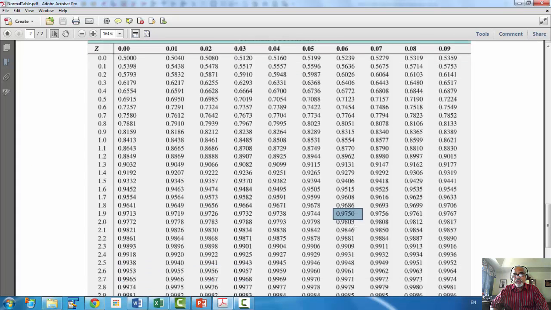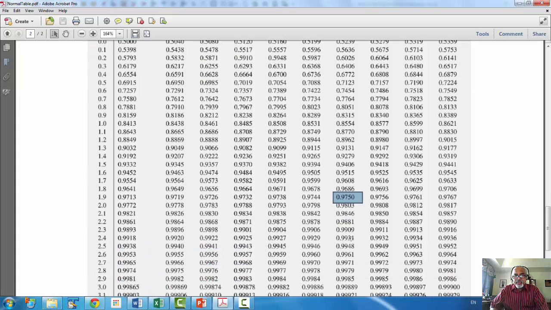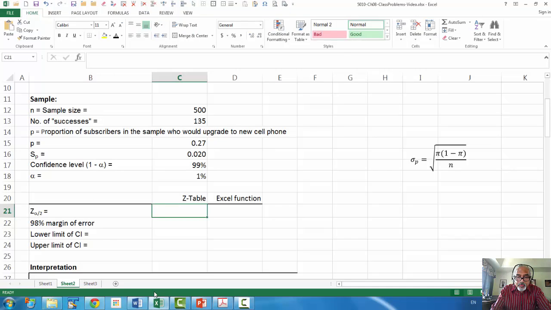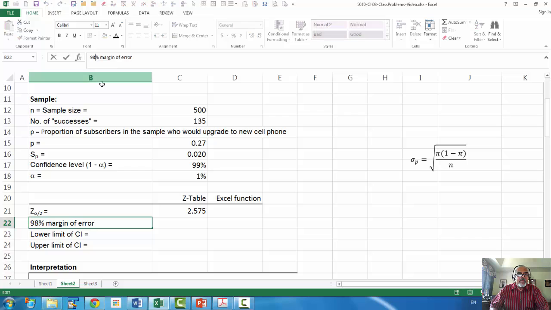Cumulative probability of 0.995, which is in the middle of these two. So there will be 2.57 and 2.58. So the average of those two is 2.575. So we put 2.575. Okay. So that is 99%.